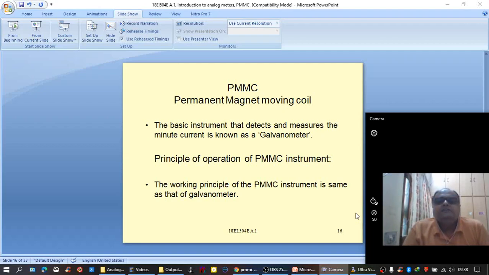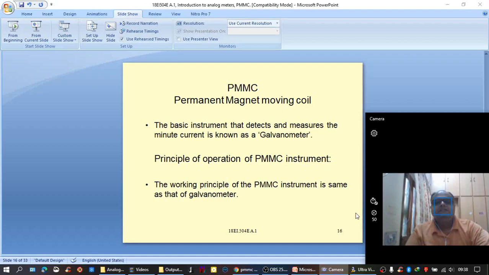The next topic is permanent magnet moving coil type instrument, that is in short called as PMMC instrument. The basic instrument that detects and measures the minute current is known as a galvanometer.